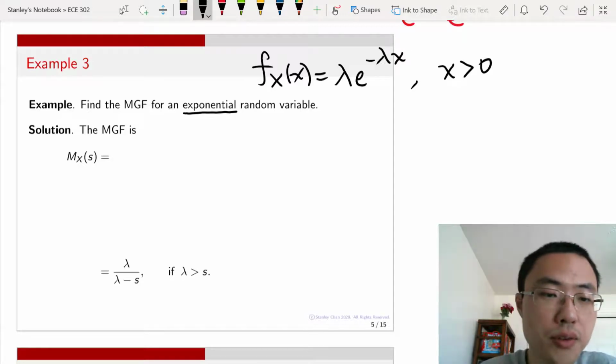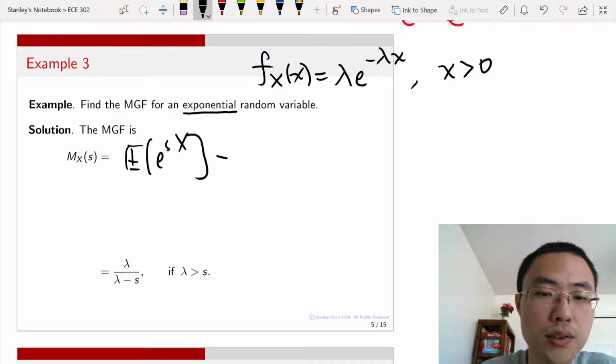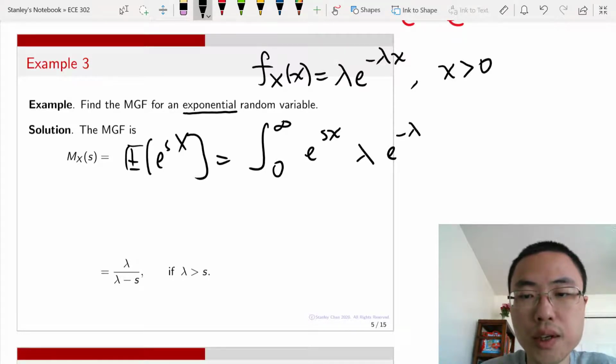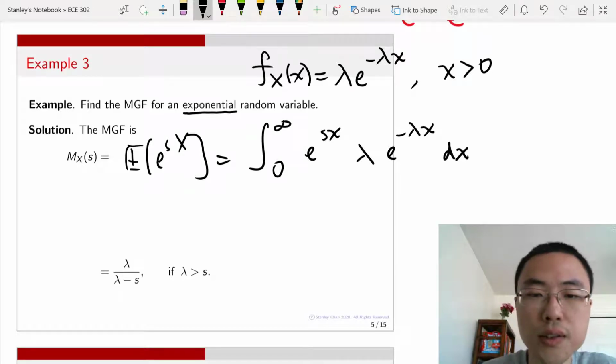The moment generating function, according to the definition, is the expectation of e to the power sx, and so here is the integration from 0 to infinity of e to the power sx, and then I have lambda e to the minus lambda x, and then I have dx.